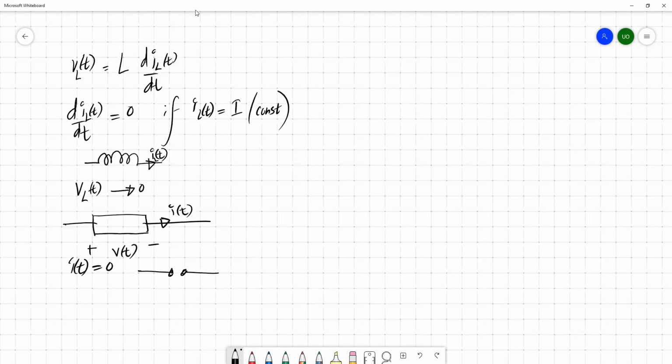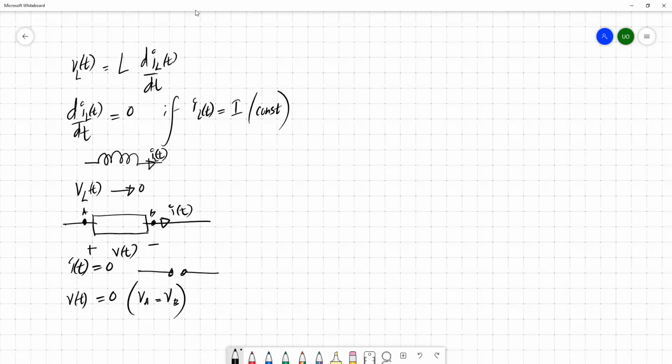Similarly, you can argue that if the voltage drop across this element is zero, then the voltages at the two ends are definitely equal. This means V_A, the voltage at node A, and the voltage at node B are equal, so the drop across this element is zero.